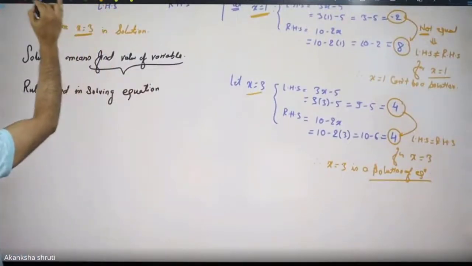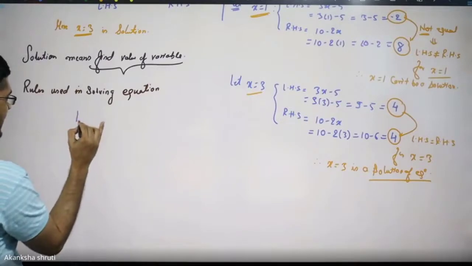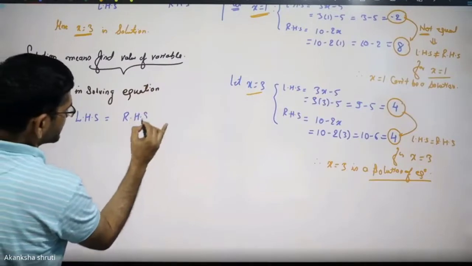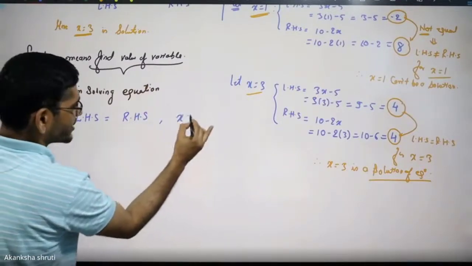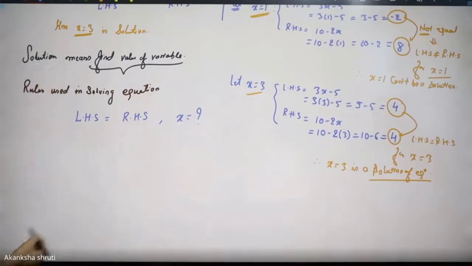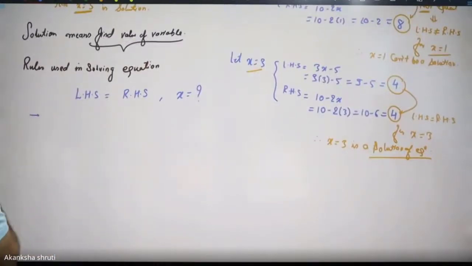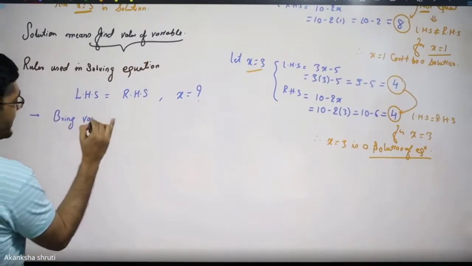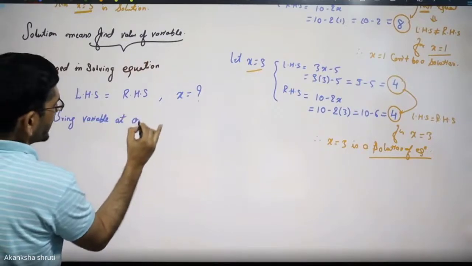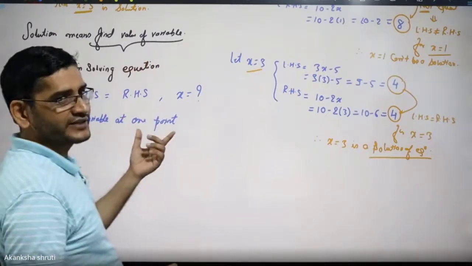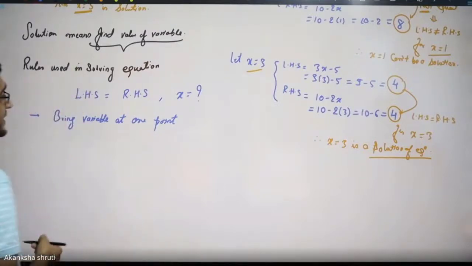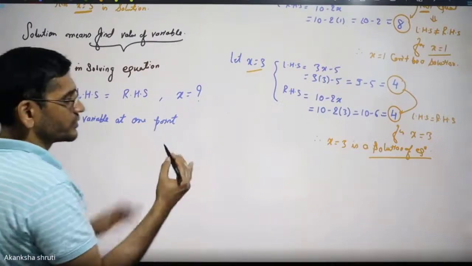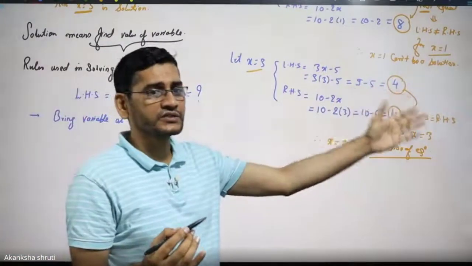Student, an equation simply means something on the LHS, something on the RHS. The purpose is to find the value of the variable. So the first rule, or the general method, is to bring the variable to one point so that its value can be calculated. But for bringing the variable to one point, you need to shift all the constants to the other side of the equation.